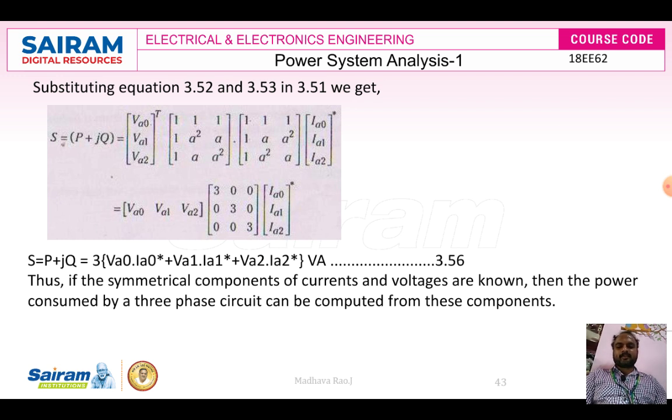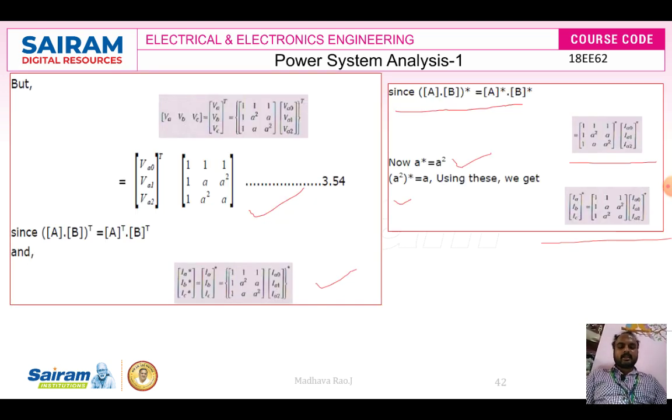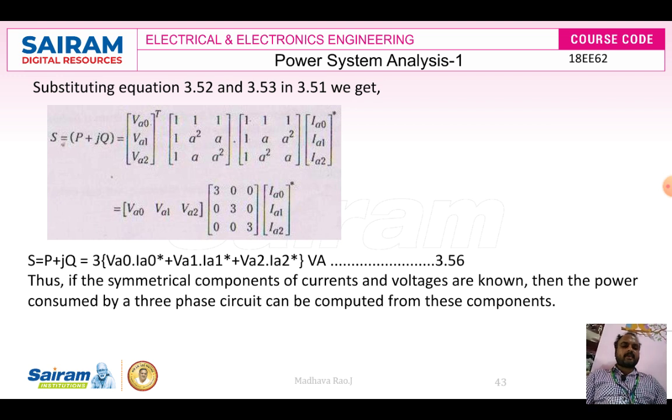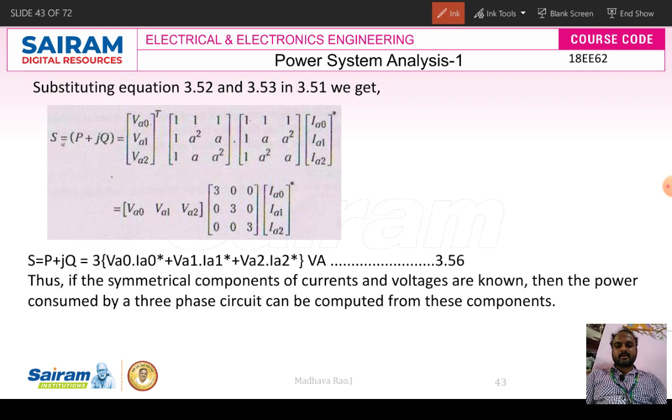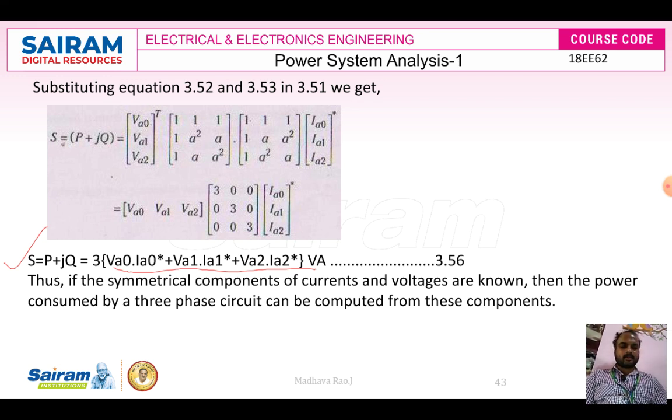So if the symmetrical components of current and voltages are known, we can find out the power consumed by the three-phase circuit. So this is about complex power.